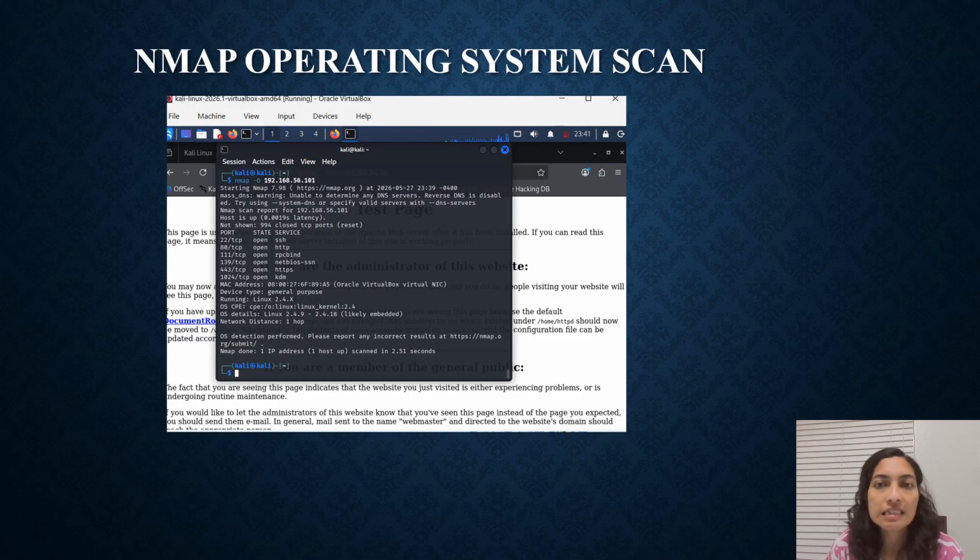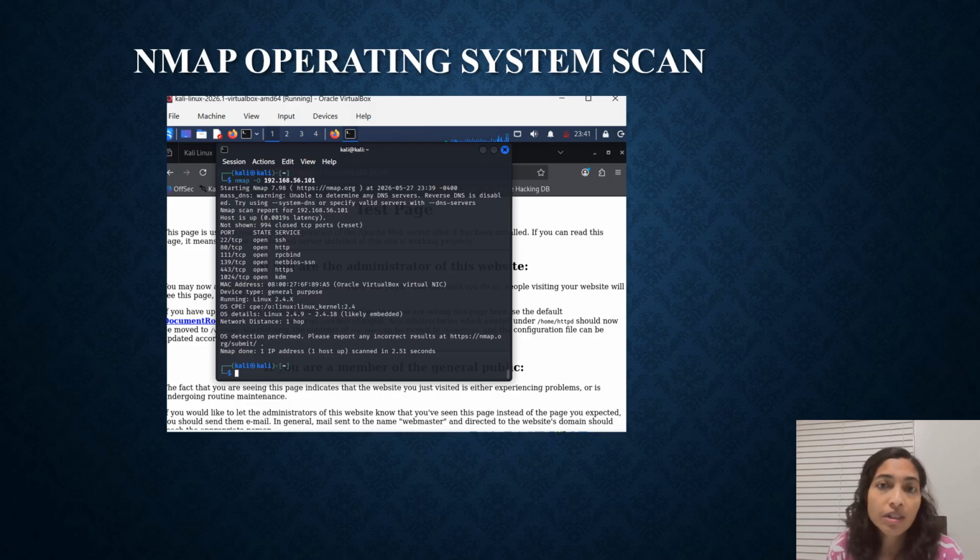For the Nmap operating system scan, one of the commands I used is nmap -O and my IP address, which is an operating system detection scan. When I run it, Nmap tells me that the target is running a Linux 2.4.x kernel.